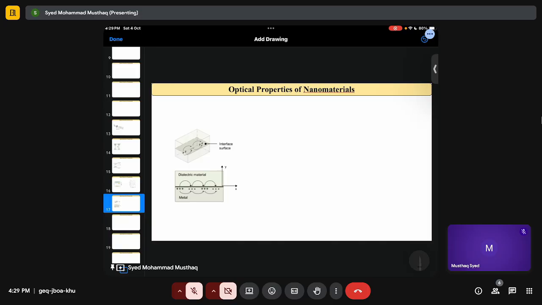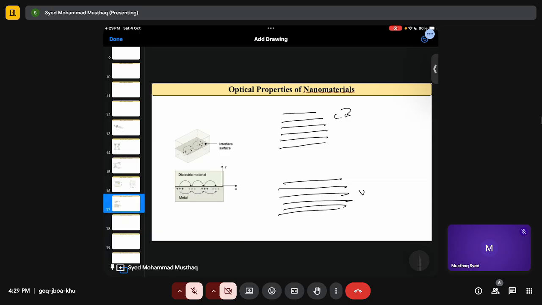Let's say I have many empty levels. This is my conduction band, right? And this is my valence band. Now, in dielectrics, what is Fermi level?